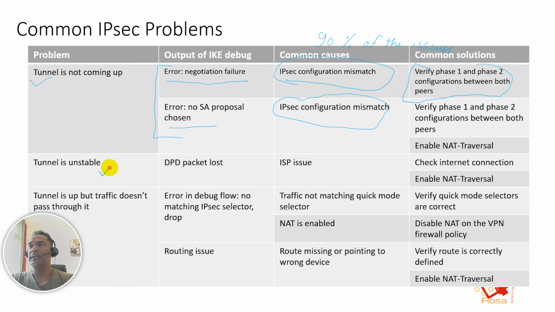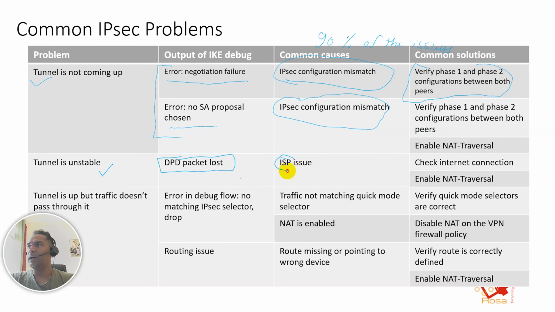Then you may find the tunnel is unstable. This can be due to DPD. DPD means dead peer detection, and if no keepalive is received, then DPD can bring the tunnel down and bring it up again once the peer is back.